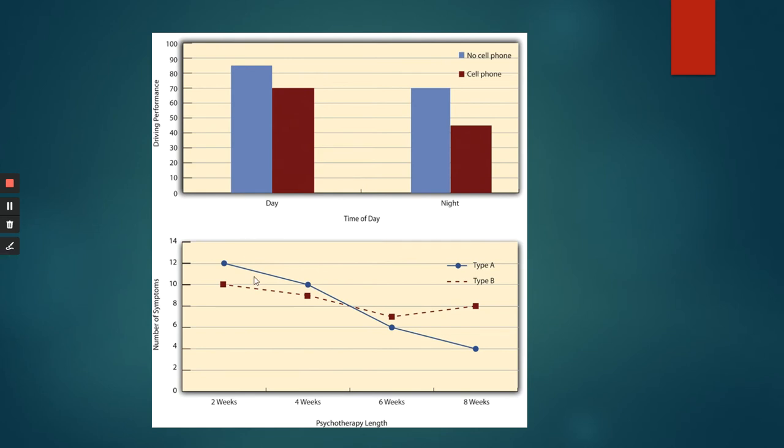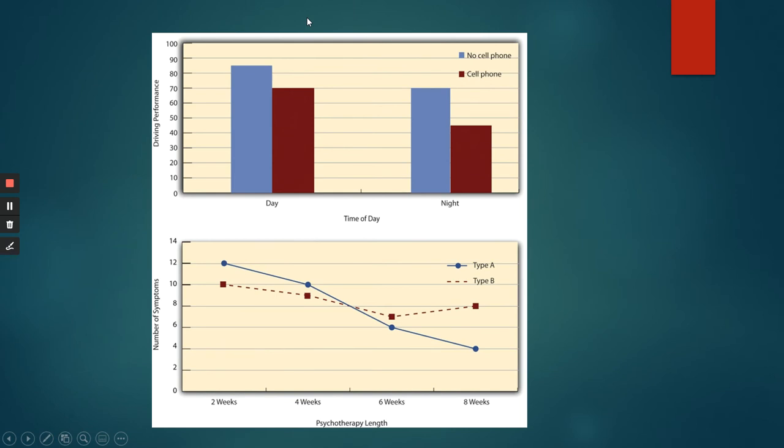I'm going to guess it might be predictor. So we have time of day, and then we have daytime, and then we have nighttime. And then we have a second variable. We have people who don't have cell phones and people with cell phones, which this study must have been conducted maybe 20 years ago when people didn't have cell phones.